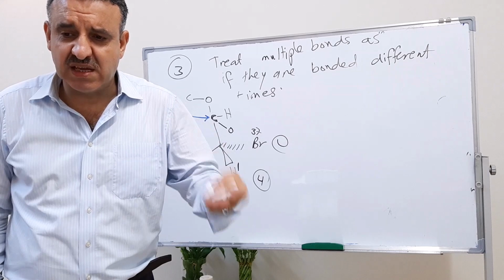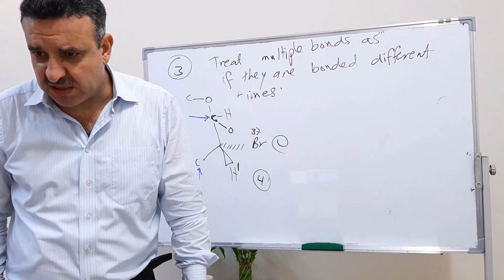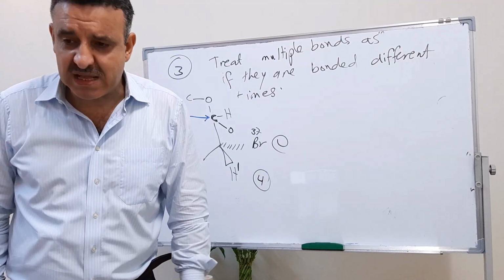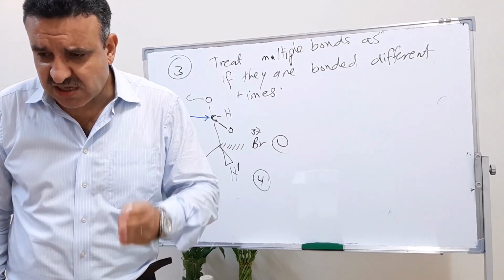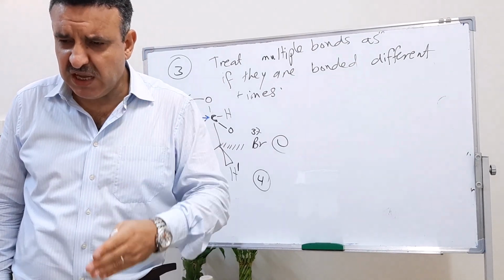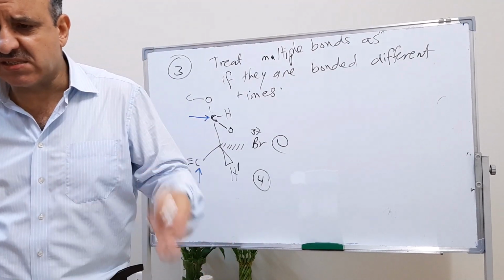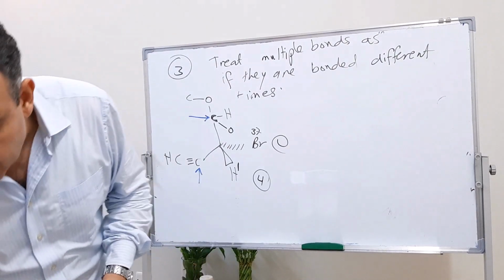Once you understand them, they will be the basis for your whole understanding. If you don't understand them, that will badly affect all your understanding. So please ask if there is anything related to dealing with multiple bonds in priority assignment. You follow me? Clear?